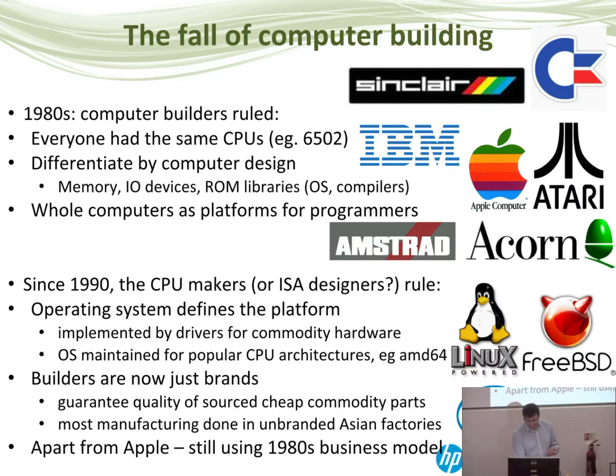So IBM were the main survivor of this group of companies because of that decision. And so all the other computer designers pretty much just started making PCs that looked and felt like the IBM machine.